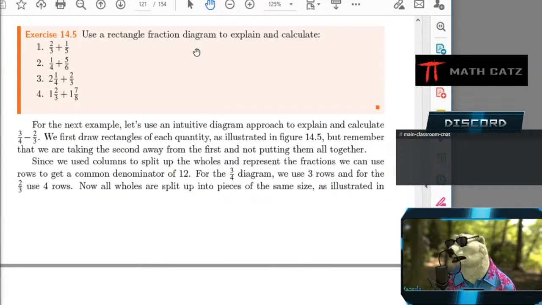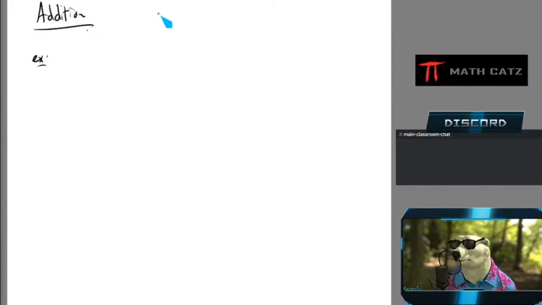So this is now like the number line model or the chip model. We're using the specific method to explain how to get the answer of those two fractions added together. So we have 2/3 and 1/5. Okay, let's do it. So 2/3 plus 1/5. Now it's not the number line or the chip model, but it's at the same level.